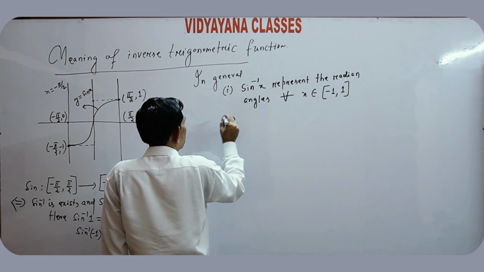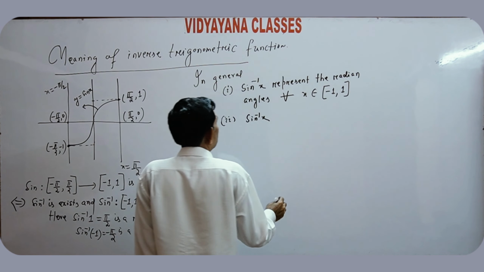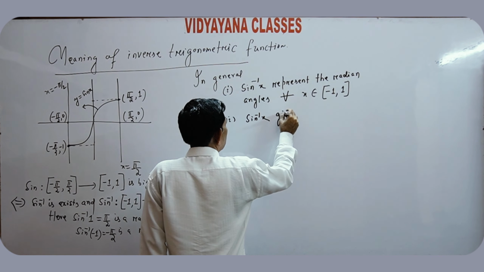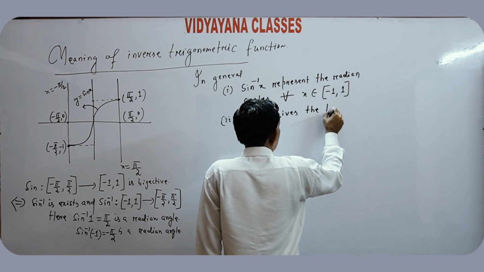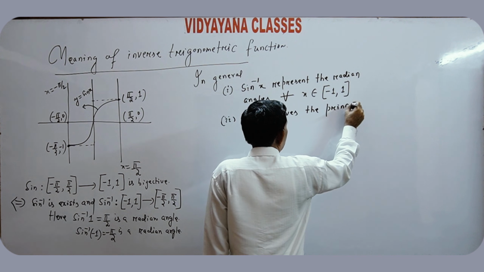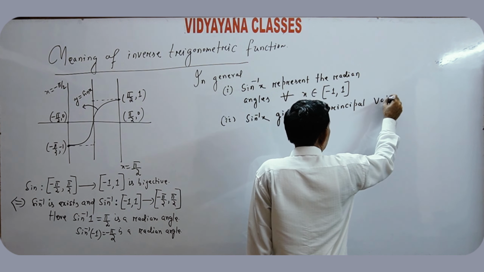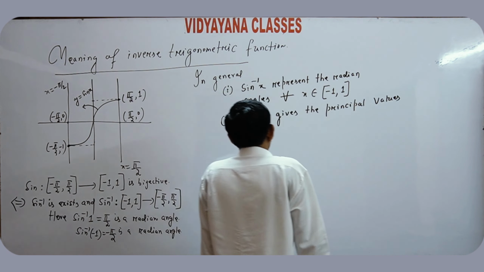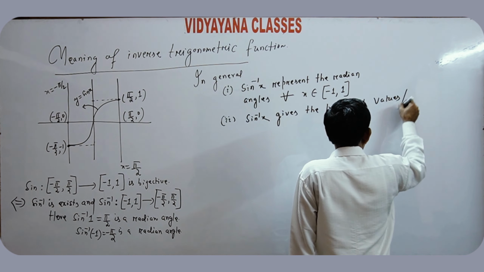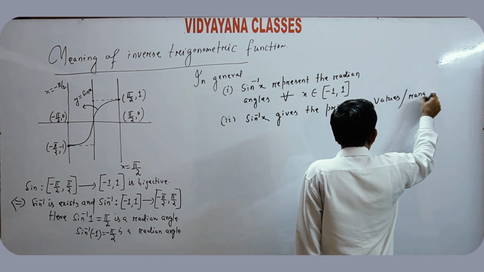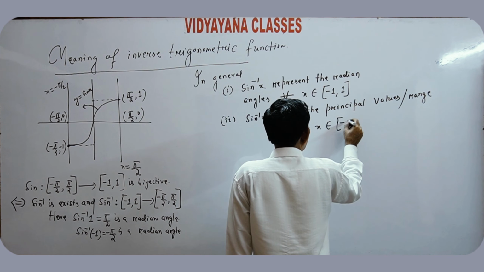Second condition, sin inverse x gives the principal values or range for all x belongs to close bracket minus 1, 1.